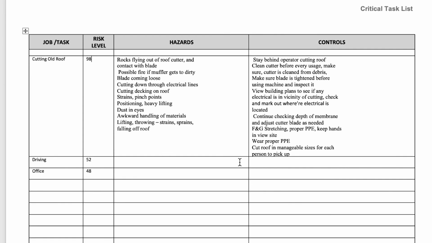So for your critical task list, you are ranking each job and task duty by the risk level, so that you have an idea of which jobs are your most dangerous and need to have controls in place to ensure that your employees are safe.